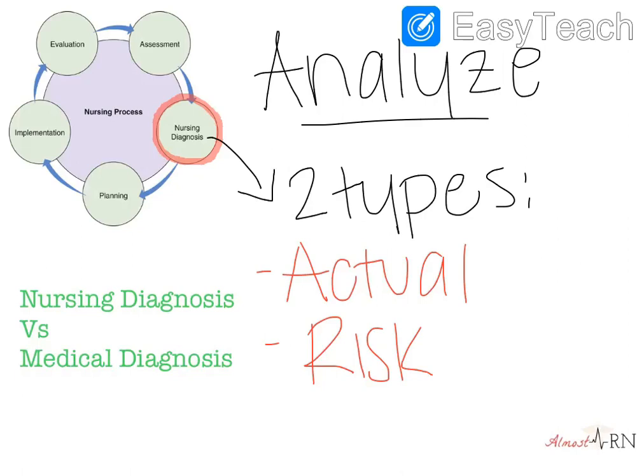So my best example is if you had a patient come in with labored breathing, wheezing, their CT scan is showing some spots in their lungs, they have high blood pressure or fever, we can kind of put that together as possible pneumonia. But as nurses, we can't diagnose pneumonia. That's what the medical diagnosis is for. So the patient's medical diagnosis would be pneumonia, but our nursing diagnosis would be ineffective airway clearance.